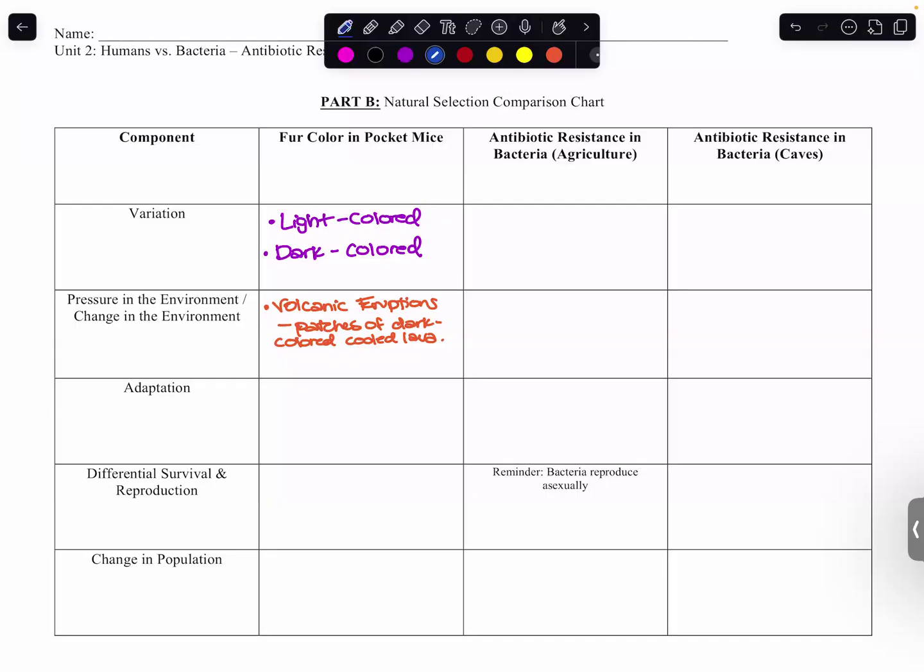Now, the adaptation is after the pressure or change in environment, the adaptation that we saw favorably was the dark colored mice. Natural selection literally favored the dark colored mice. And why did they? Because they were able to camouflage, right?